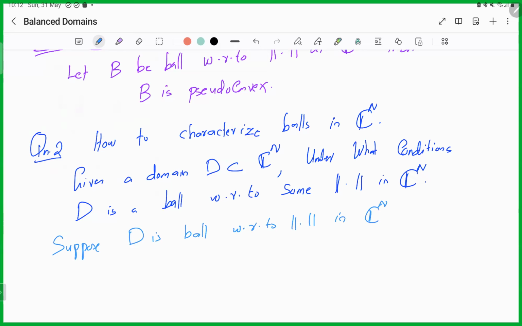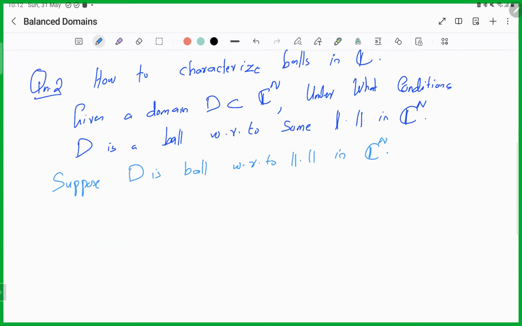First, we look at the properties of this ball. Then we characterize that property. Is that property a sufficient condition for D to be a ball in C^n with respect to some norm? Suppose D is a ball. What are the basic properties?